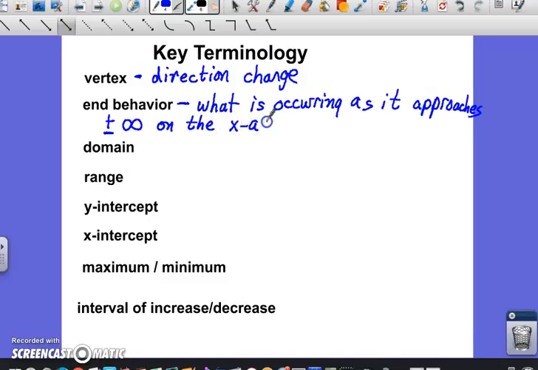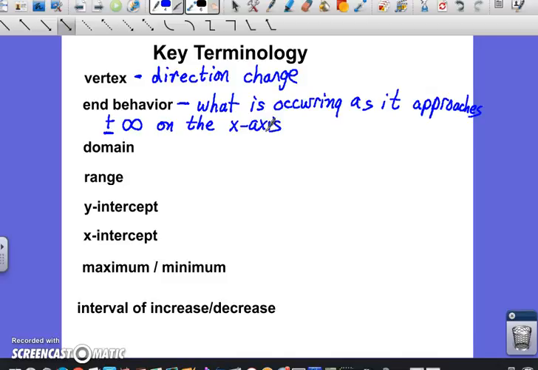Okay, so as we look at the x-axis, as you go to the left, as you go to the right, what's happening to the graph as it approaches infinity? Is it increasing? Is it decreasing? As we get closer and closer to infinity, maybe it's getting closer to zero. What's it doing at the end of the graph, at the far extremes, off your page?